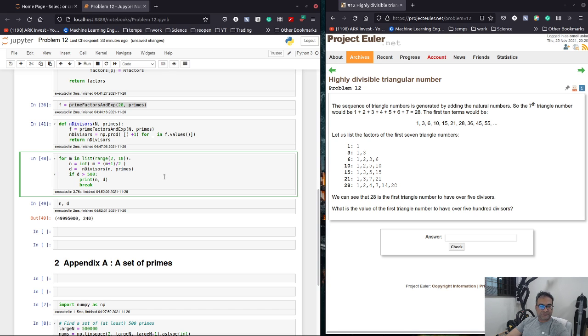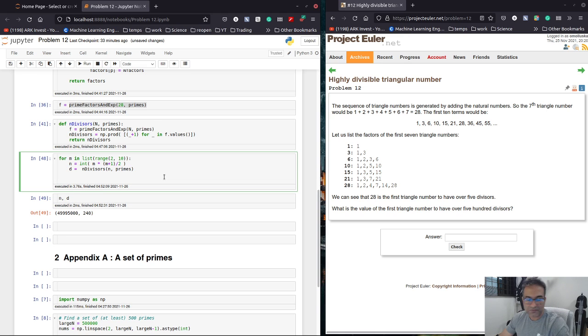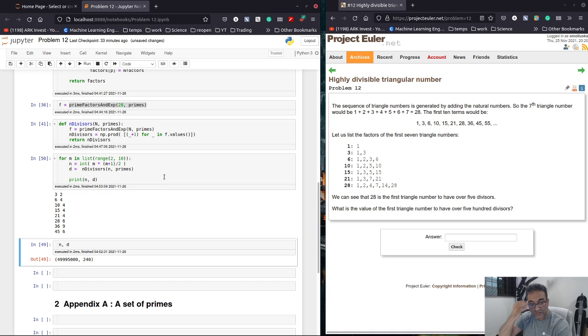Okay. Let's make sure we can do that. Okay. Let's print n and d. That's method 1.